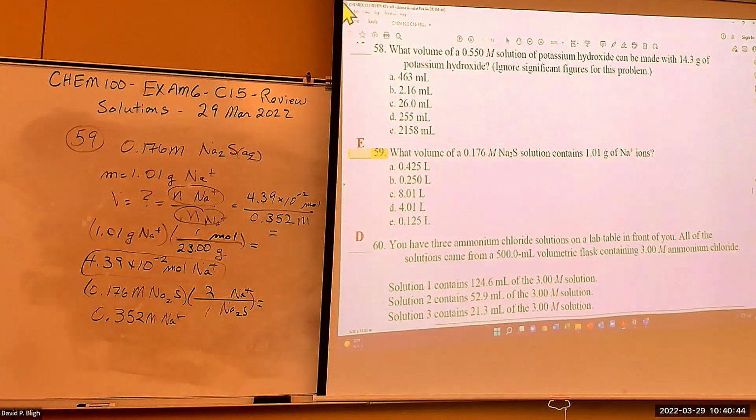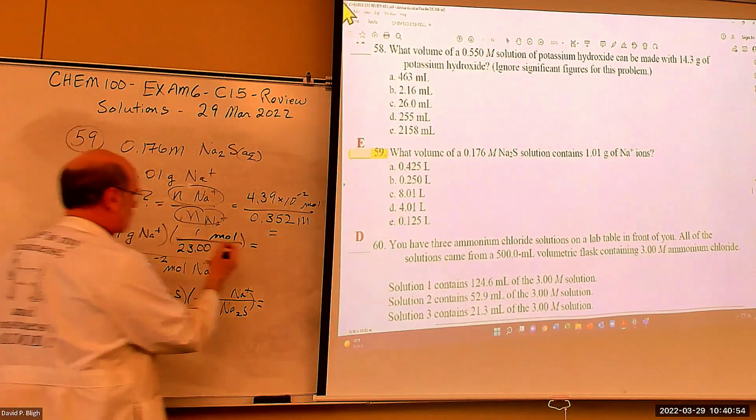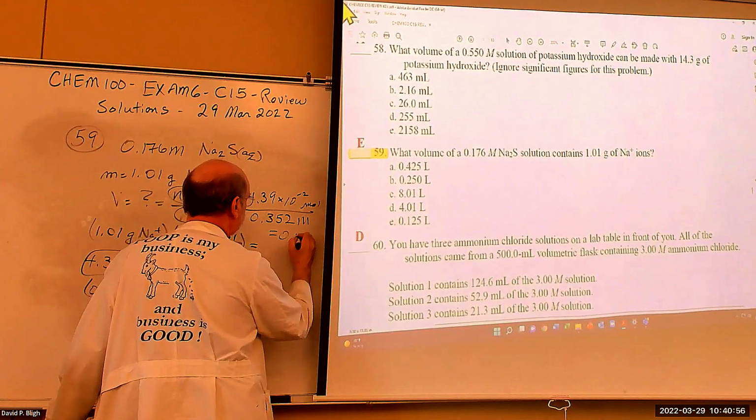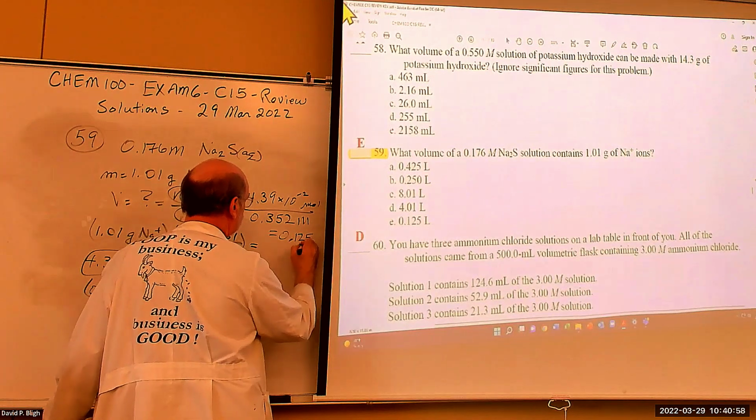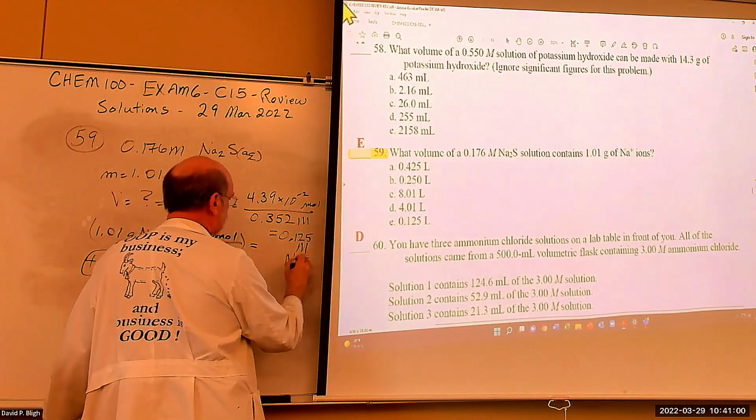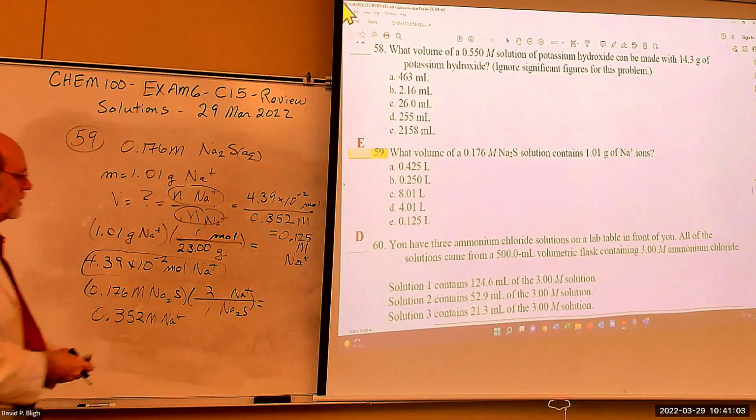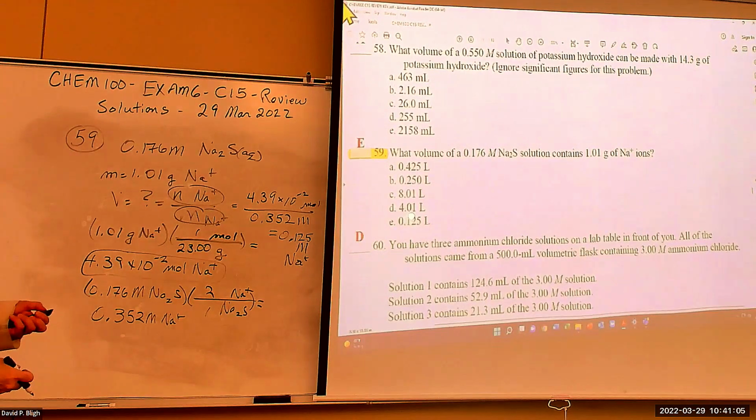And then that will be 0.125. 0.125 molar sodium ions. And there it is. Oh, excuse me.